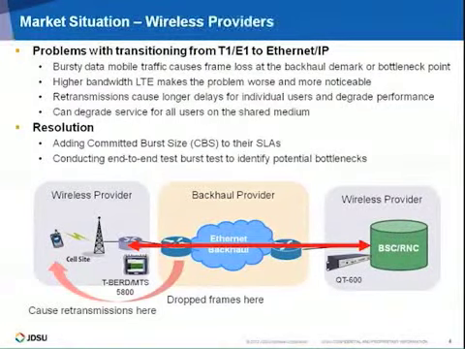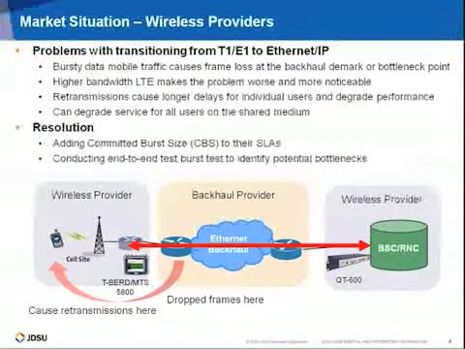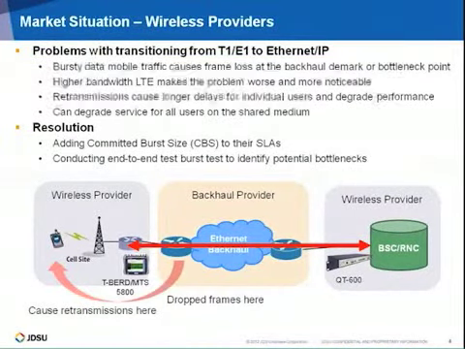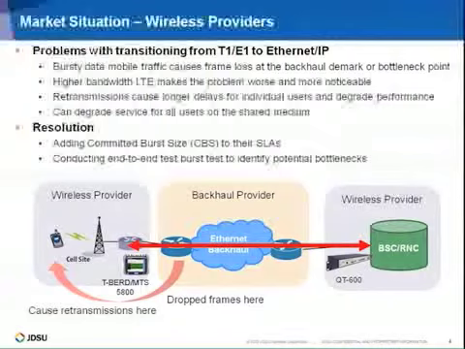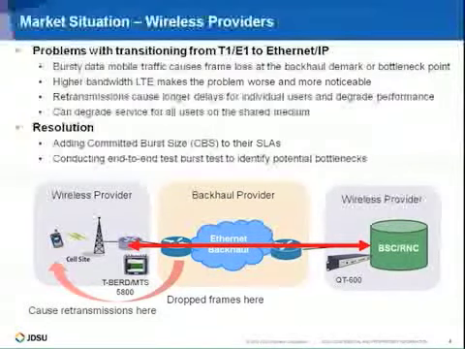Because we're seeing this problem arise more and more, there's been a shift in the service activation test market: wireless providers are starting to add committed burst size, or CBS, to their service level agreements, or SLAs. And they're conducting an end-to-end burst test to help identify these potential bottlenecks and any frame or packet loss that's occurring.